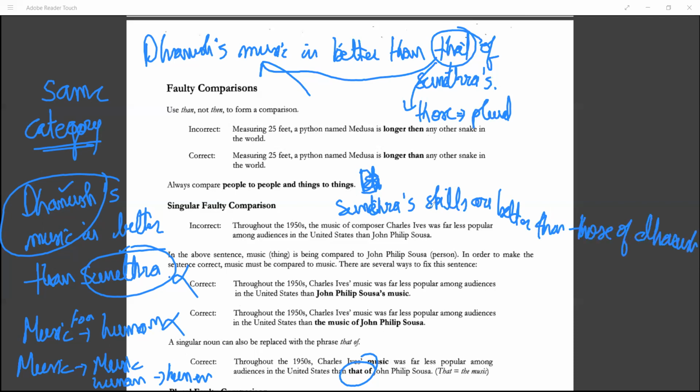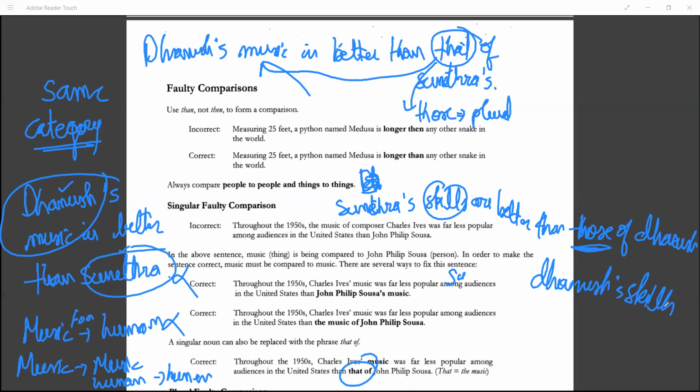Because we have used skills, which is plural, we have to use the word those instead of that. Or the same sentence can be written as Sunetra's skills are better than Dhanush's skills. Understood? Ma'am, what if we end only with Dhanush's? That's wrong. That's informal. That works in spoken English, but it does not work in written English. Got it?